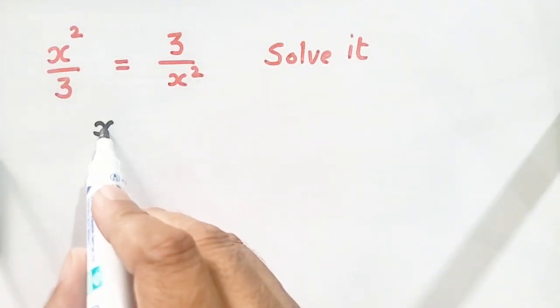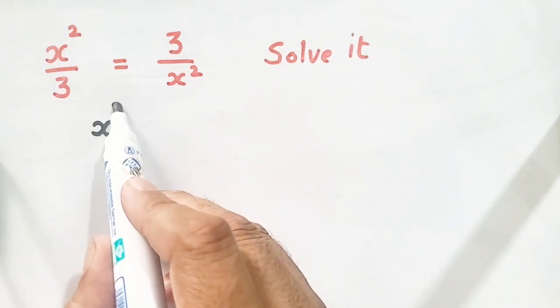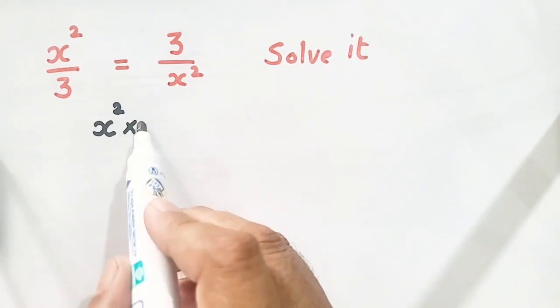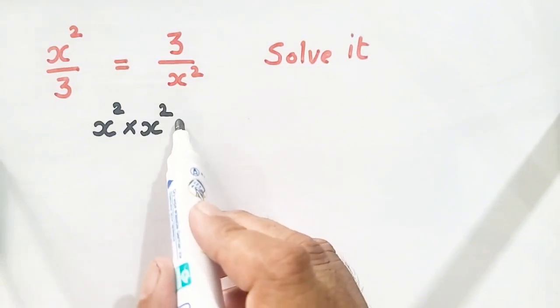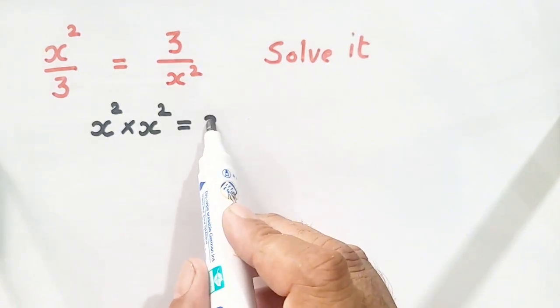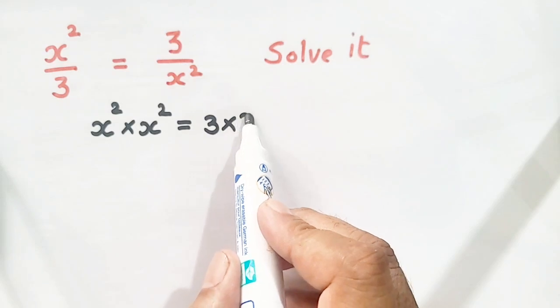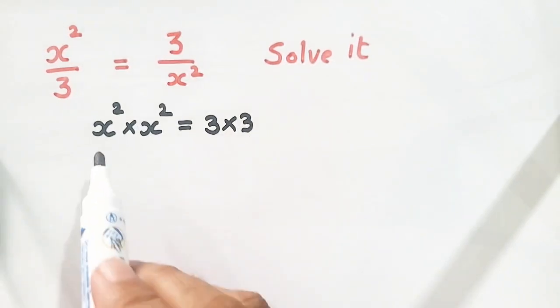So x squared multiplied by x squared is equal to 3 multiplied by 3.